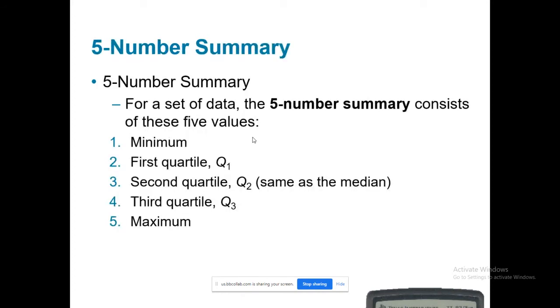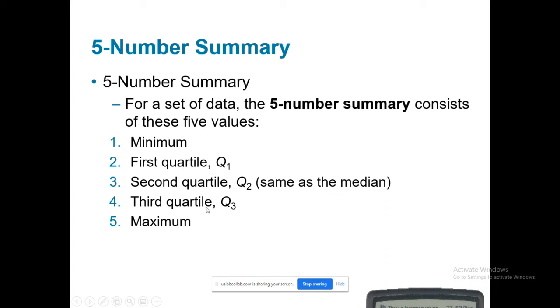All right, there is a 5-number summary, and we're going to talk about a couple of ways to find this 5-number summary. So here's what a 5-number summary is. It's the minimum value of a data set. It's the first quartile of a data set. It's the second quartile or the median of a data set.